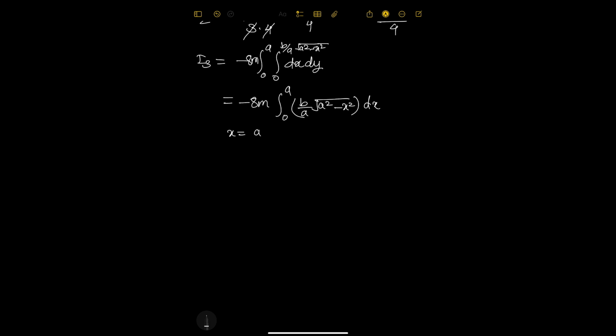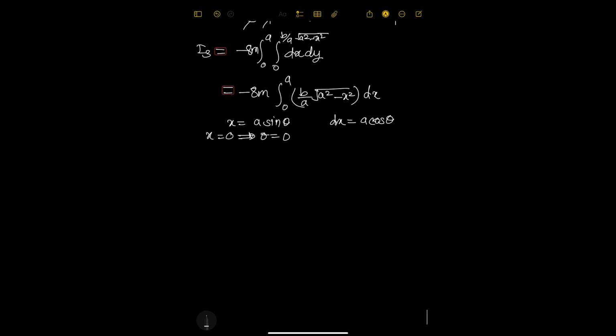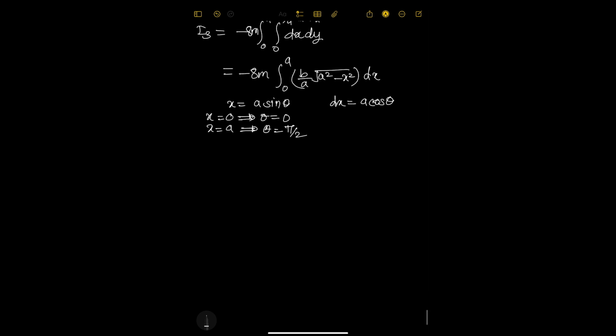Again similarly we can use x is equal to a sin theta, dx is equal to a cos theta d theta. x is equal to 0 implies theta is equal to 0, x is equal to a implies theta is equal to pi by 2.